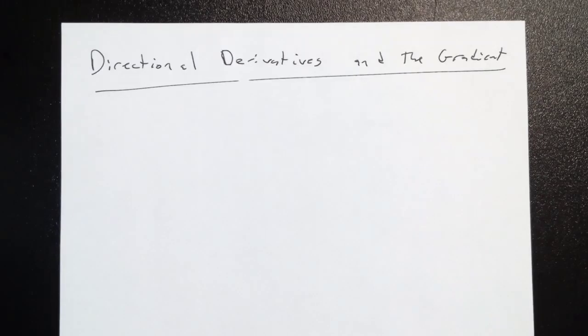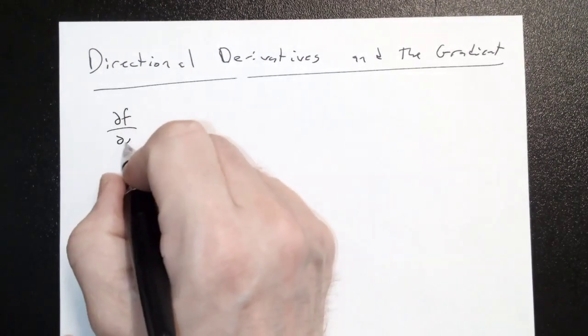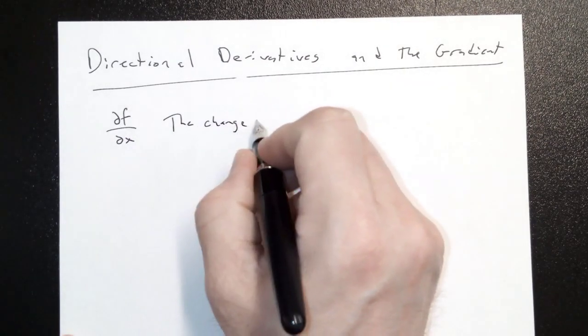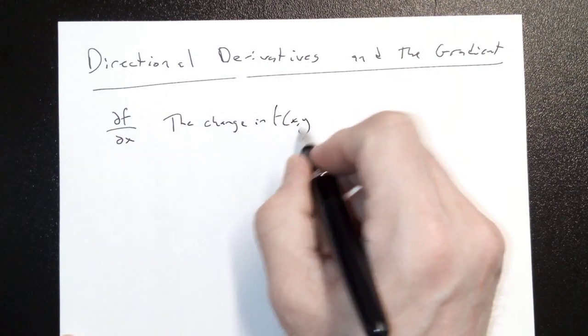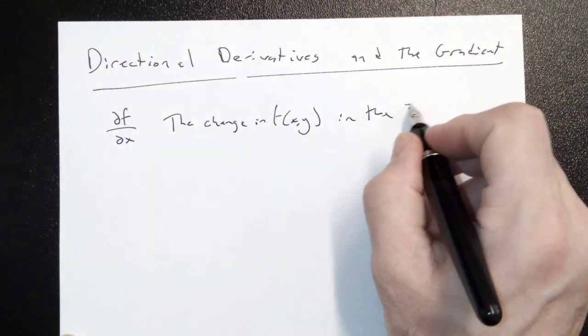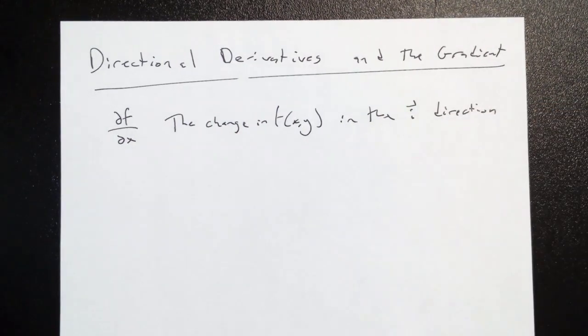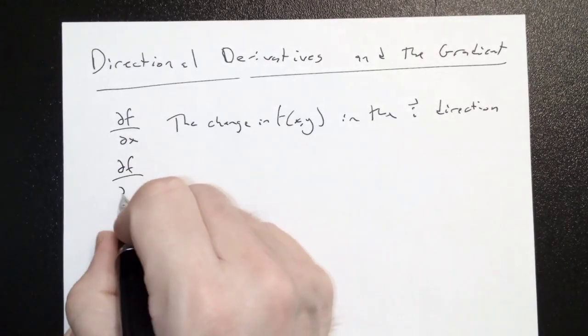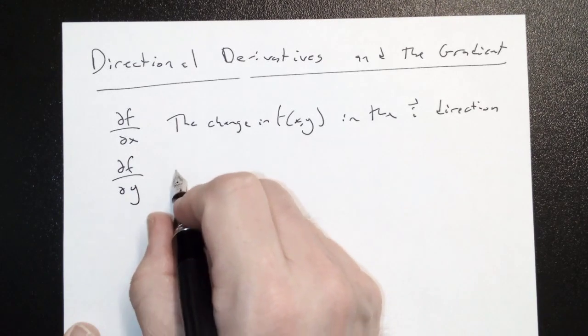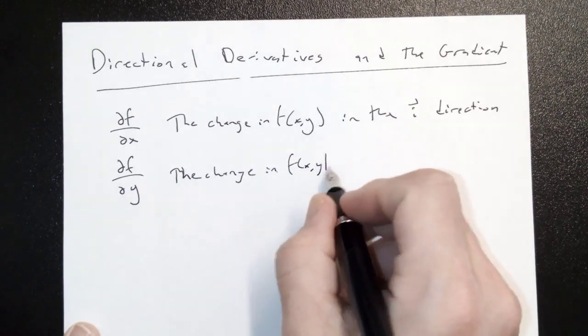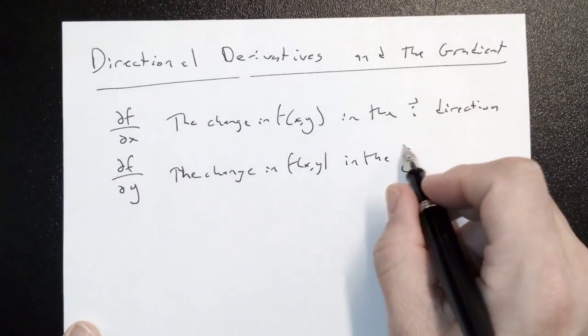And when we think about partial of f with respect to x, I can think of this as the derivative in the direction i. Because really, it's change in f as we move forward in x, and the vector that points forward in x is i. And then I can say the same way, partial of f with respect to y is the derivative in the j direction.